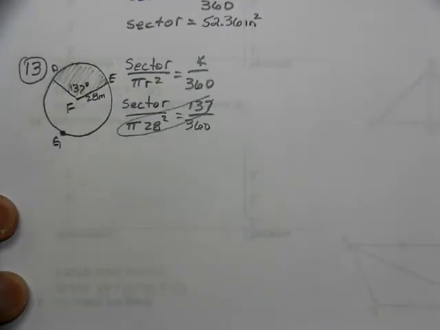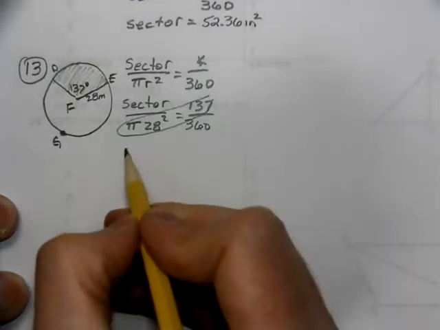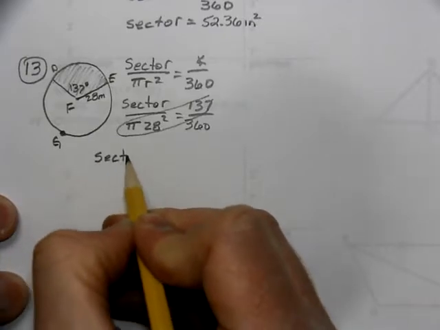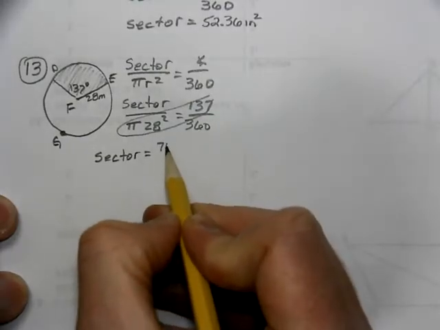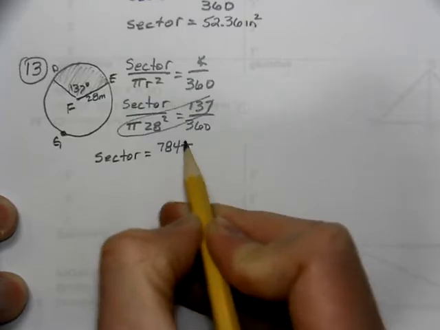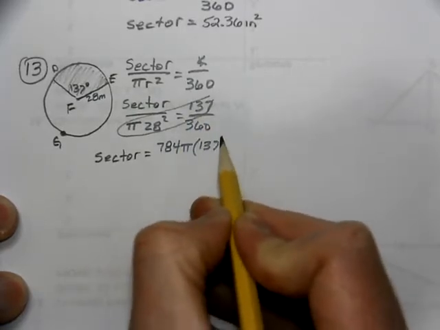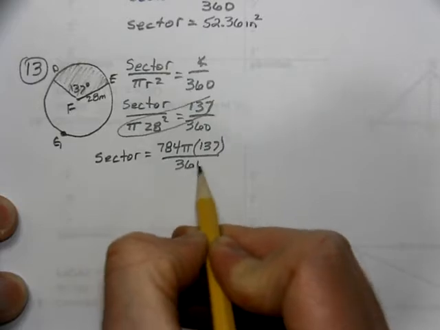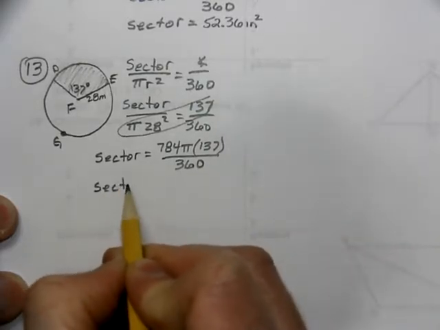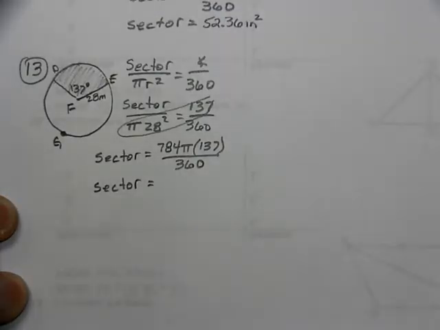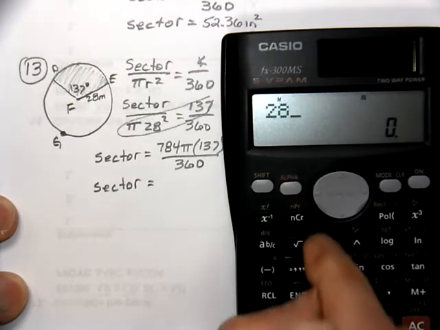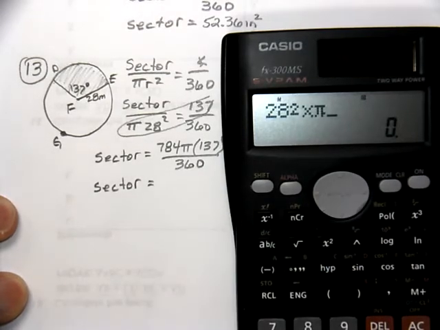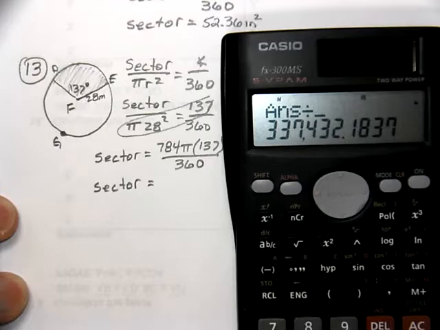We're going to cross multiply. When we cross multiply, we'll get a sector to equal 28 squared came out to 784 times pi times 137, and we divide that by 360. So we'll take our calculator and say 28 squared times pi times 137 and divide that by 360.